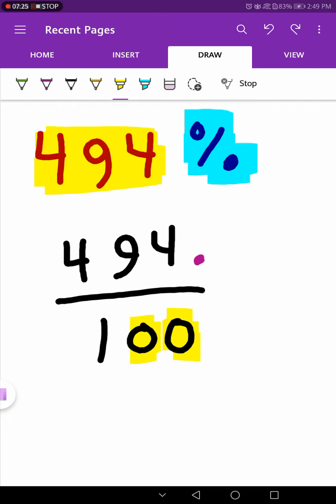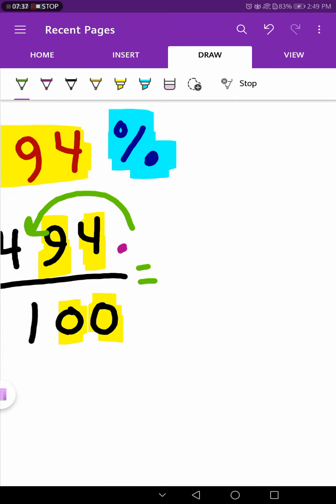So this is the first digit and this is the second digit. The decimal point will move from here to here. This is equal to 4.94 after I move the decimal point.